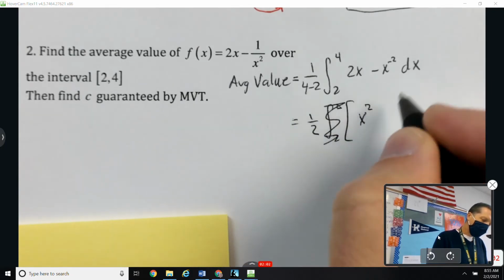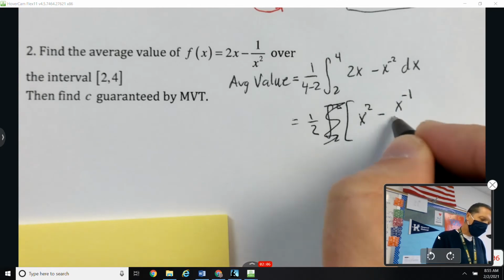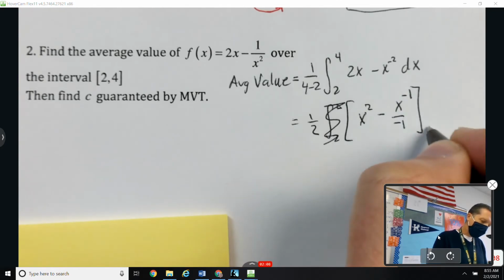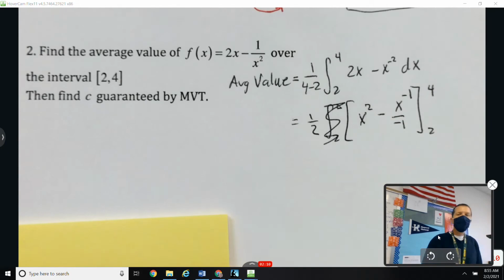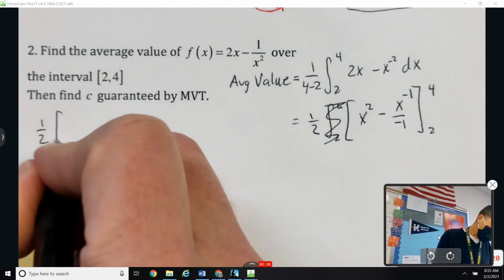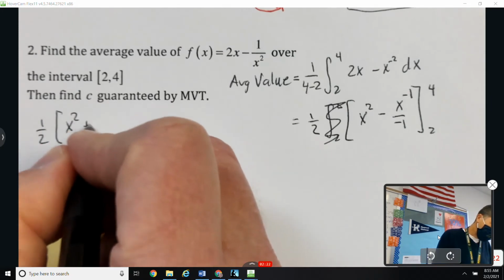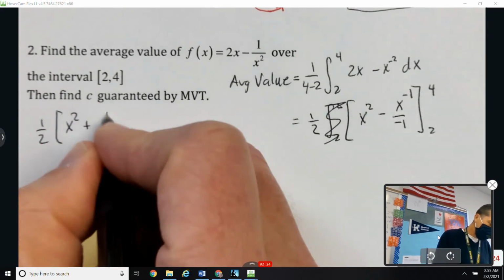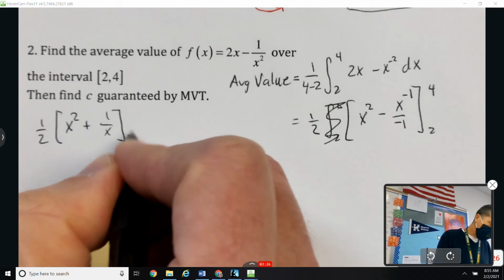X squared, let's see, increase the power by 1, divide by the new power. You increase -2 by 1, you don't get -3, right? You get -1. So 1/2 x squared plus 1 over x from 2 to 4.